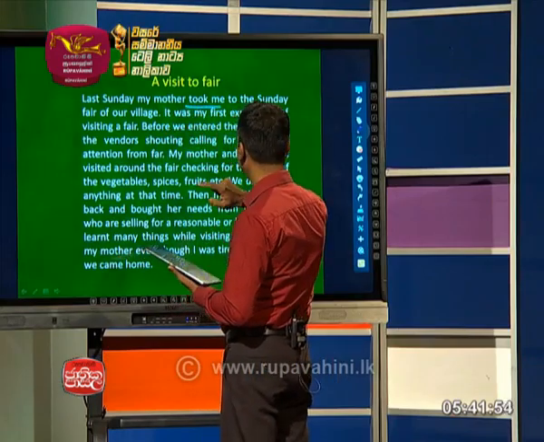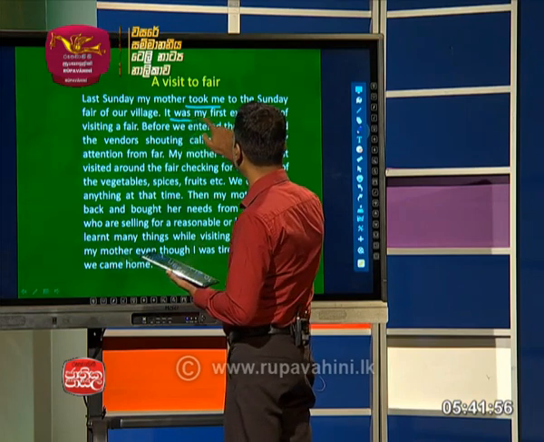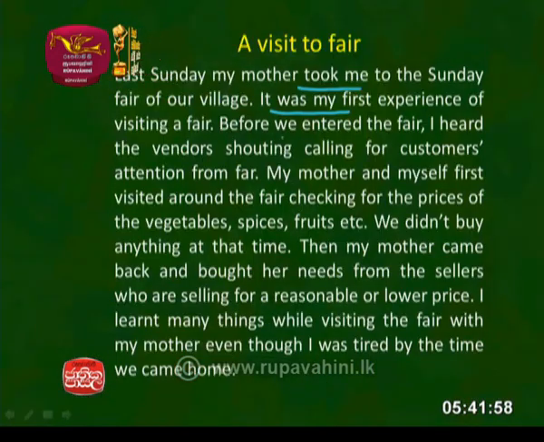Last Sunday my mother took me, past tense, to the fair. It was, we entered, regular verb, I heard. Next, my mother and myself first visited. Next, we didn't buy.